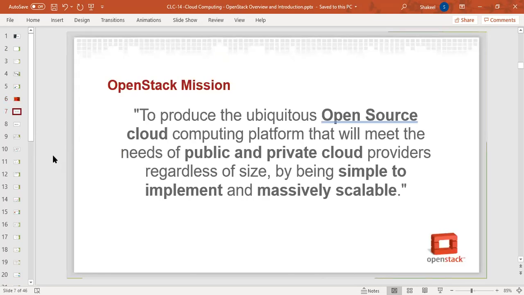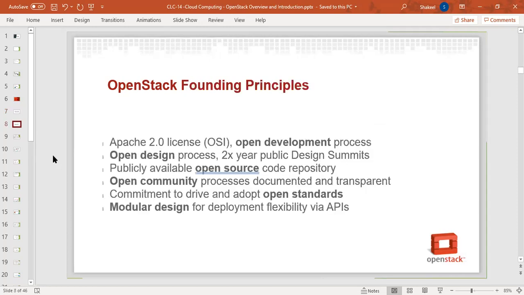The mission of OpenStack was to produce the ubiquitous open source cloud computing platform that will meet the needs of public and private cloud providers, regardless of size, by being simple to implement and massively scalable.